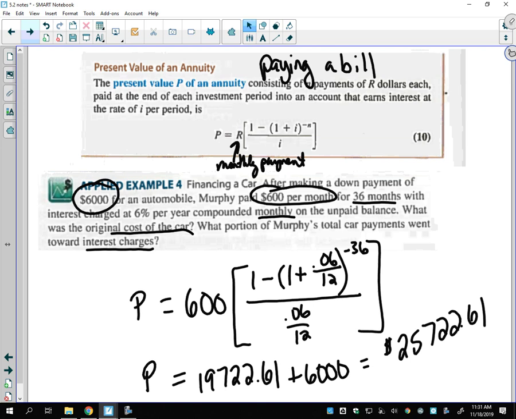And so how much did he pay in interest? Well, let's think about how we could figure that out. 36 months, we paid $600, right? So 36 times 600 is $21,600.